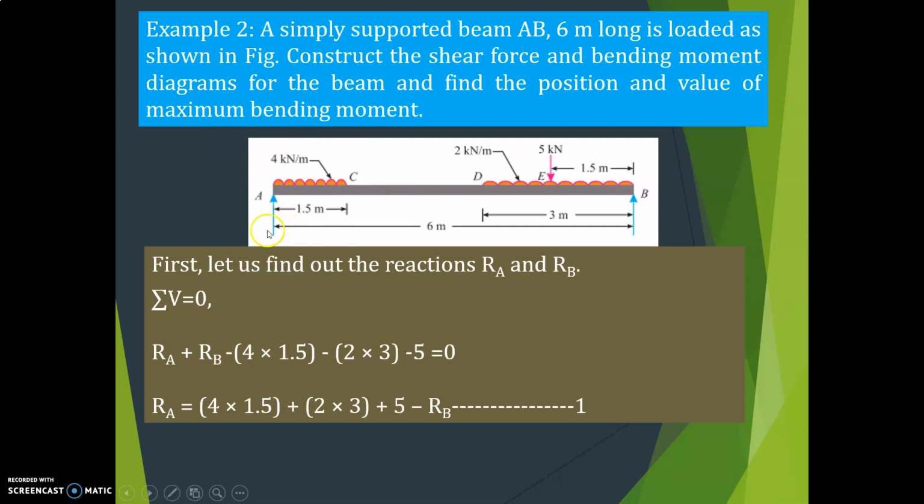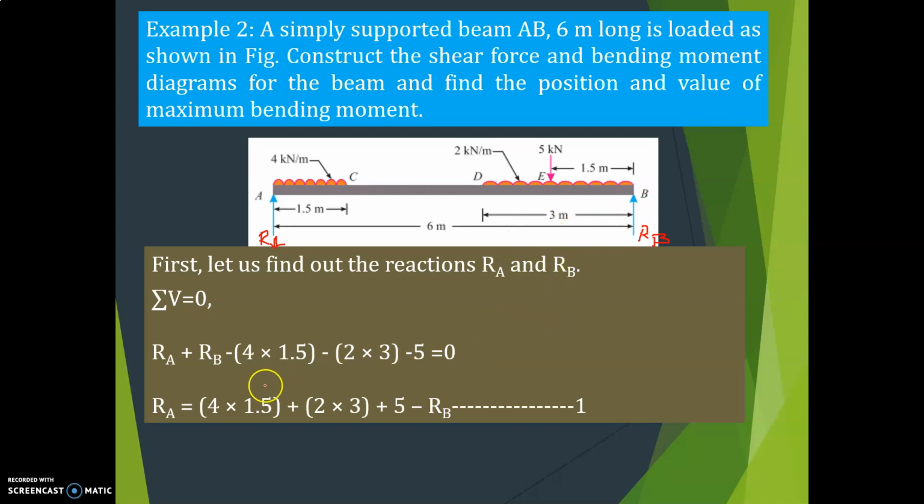So here the reaction developed is plus RA, and then plus RB in the upward direction, and minus 4 into 1.5, because for a UDL you have to multiply by the distance, minus 2 into 3, this UDL is of 3 meter length, minus 5 equal to 0.